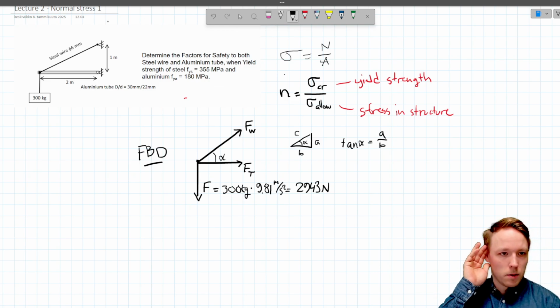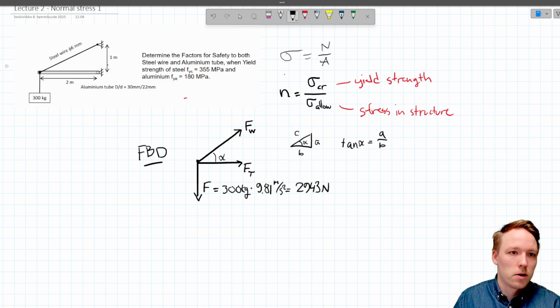In this example, our A is 1 meter from the task, and our B is 2 meters, so we can easily calculate the angle.